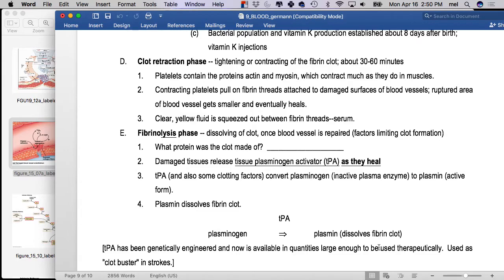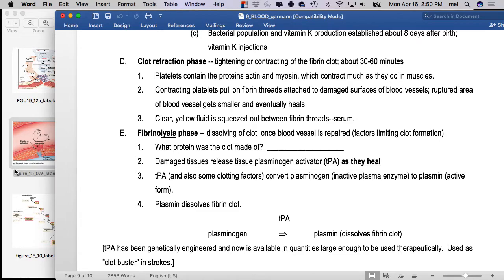Then what you get into is the next phase, which is called fibrinolysis. And the name should make sense to you because, of course, what was the clot made of? Fibrin, exactly. This is the dissolving of the clot once the blood vessel is repaired. And so what happens now is after the vessel has really healed itself, the damaged tissues will start to release something that they didn't release when they were damaged.